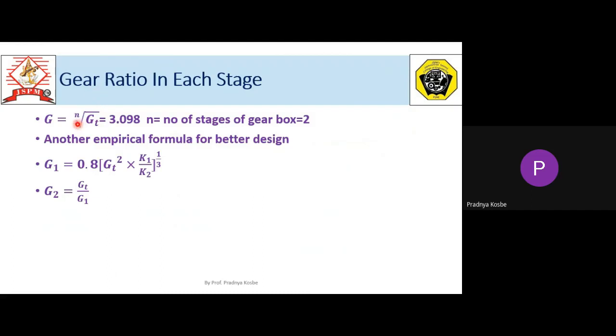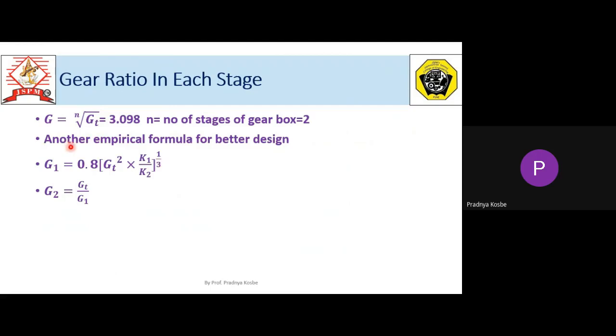Here it is the square root of the total gear ratio. GT is 9.6. You will get G1 equal to G2 equal to 3.098. Right?